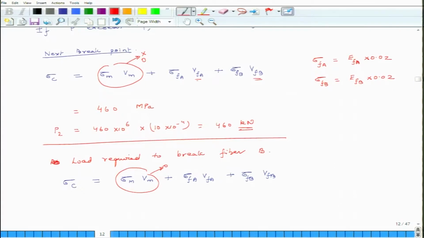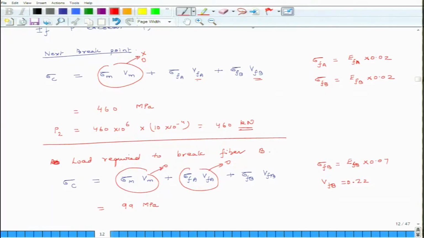At 7% matrix is already broken, at 7% fiber A is also broken. So, the contribution from these two terms is going to be 0, and sigma F B will be E F B into 7%, and V F B is how much? 22%. So, you do all this calculation and you find that this is only 99 megapascals.